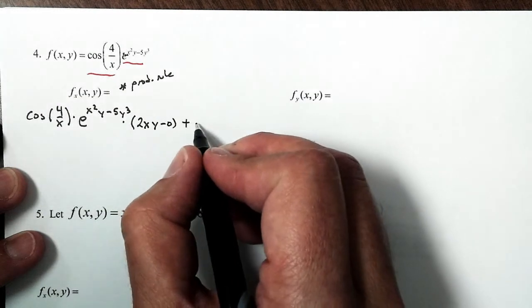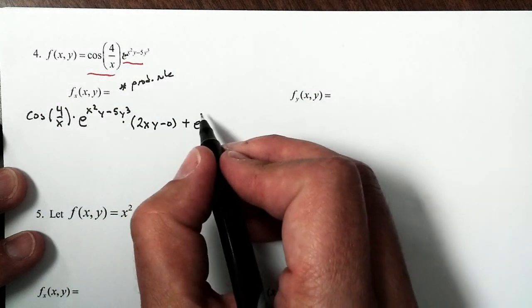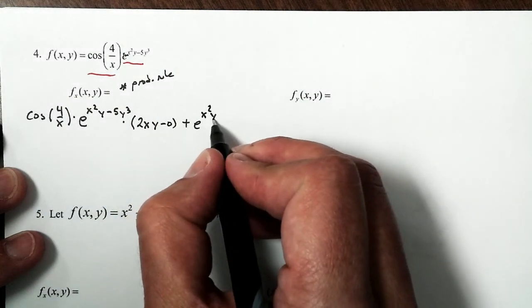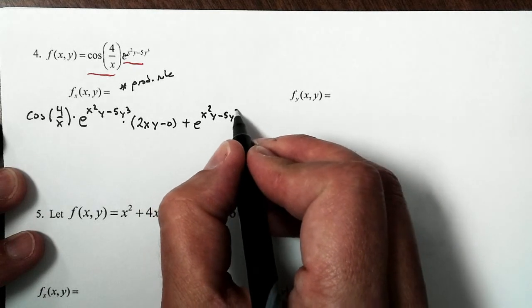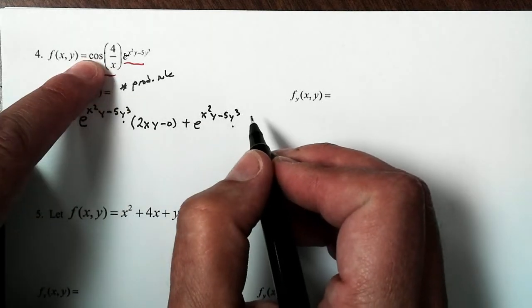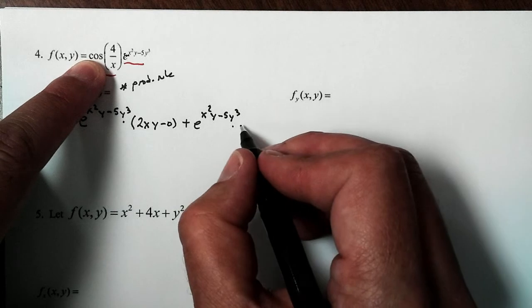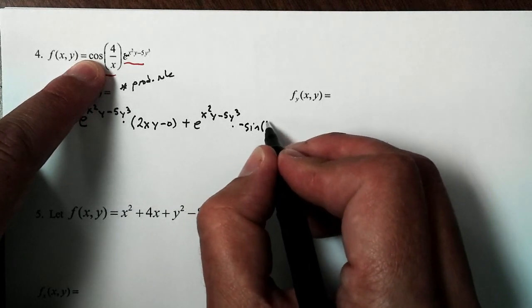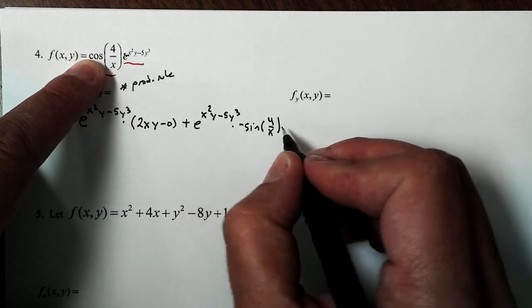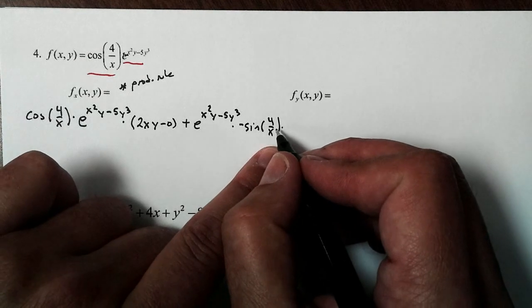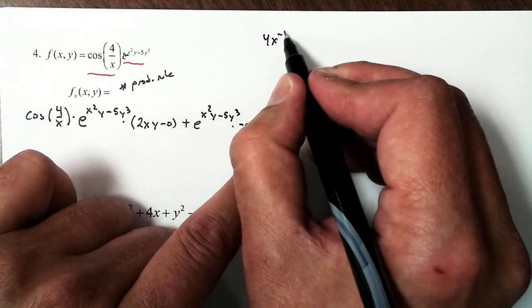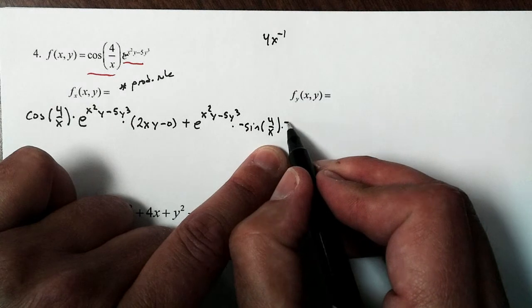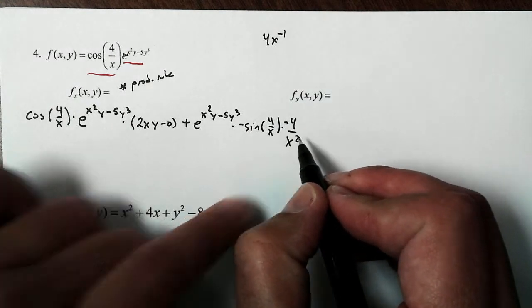Plus the second, e to the x squared y minus 5y cubed, times the derivative of the first, chain rule, negative sine 4 over x times the derivative of the inside. This is just 4x to the negative 1, becomes negative 4 over x squared.